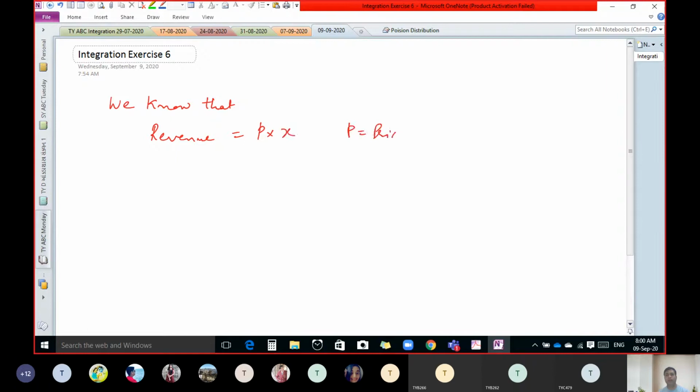P is a price, and sometimes it is also known as demand function. Why? Price depends on demand, and X is demand. So revenue R equal to P into X. That is the formula, revenue.